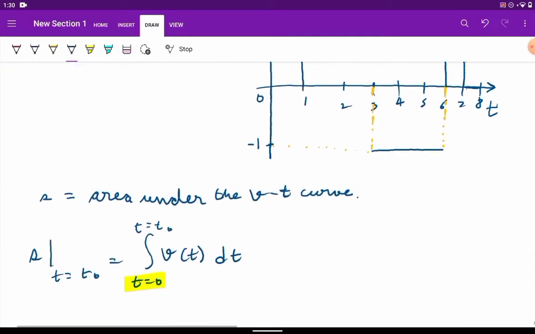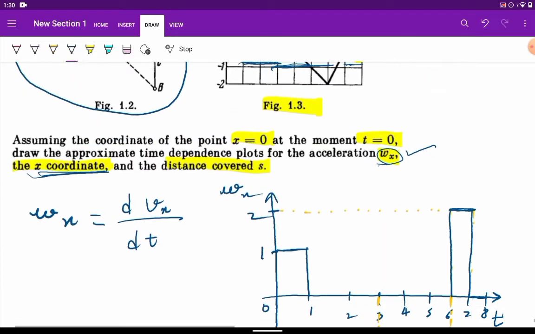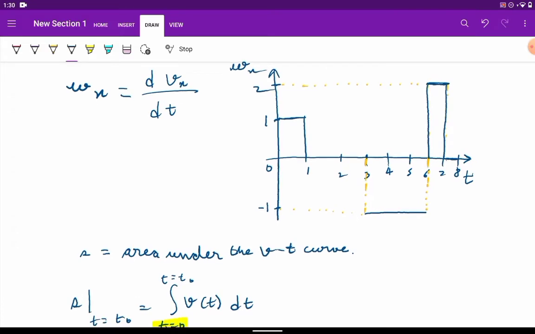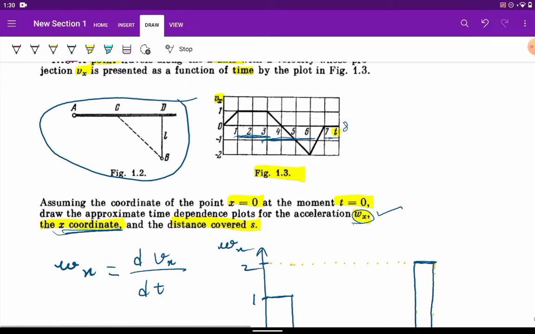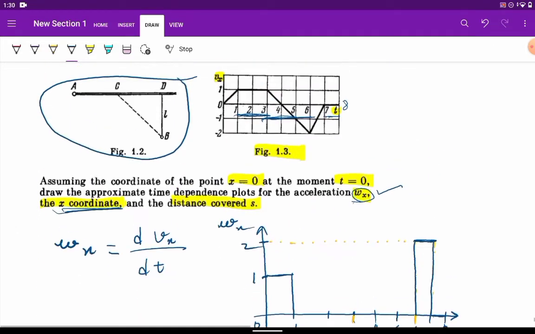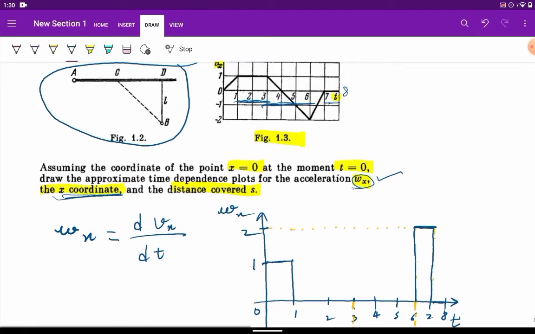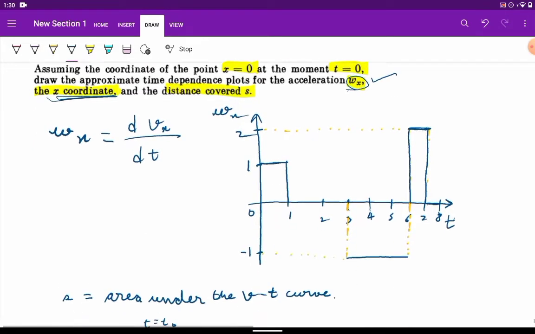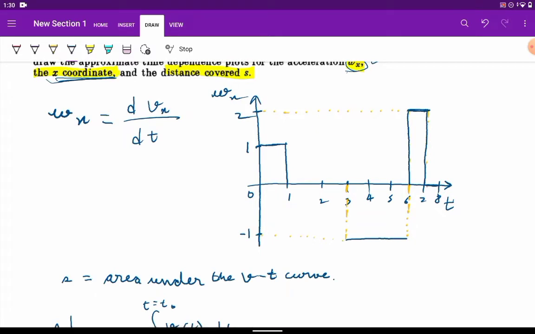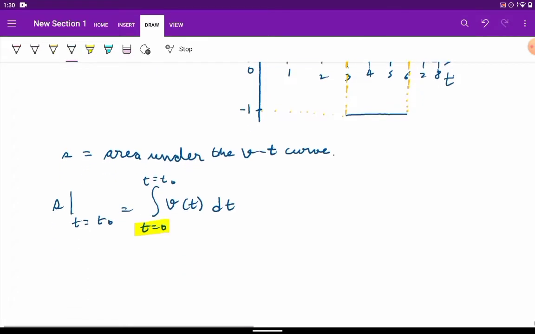We'll see how the equation turns out. Since we already have the velocities and the accelerations from the vx and wx versus t curves, where figure 1.3 is vx versus t and the one we just drew is wx versus t, we can easily find out s.